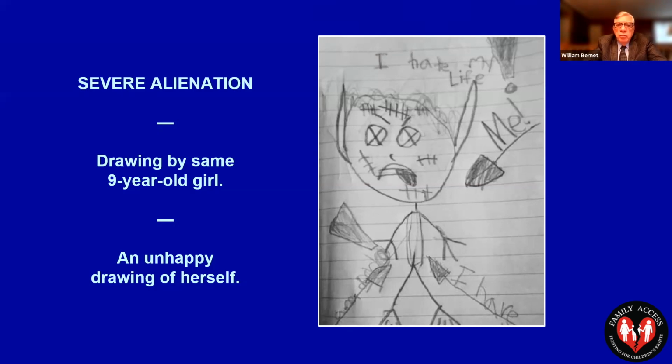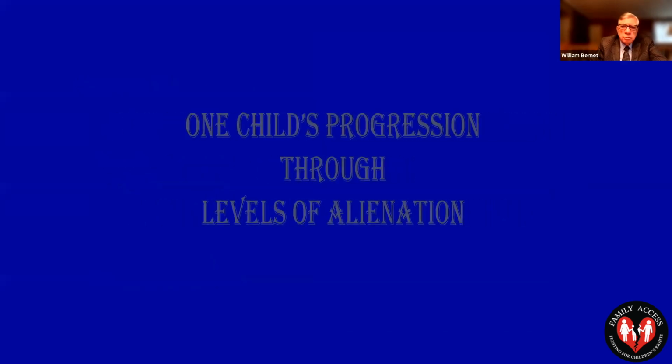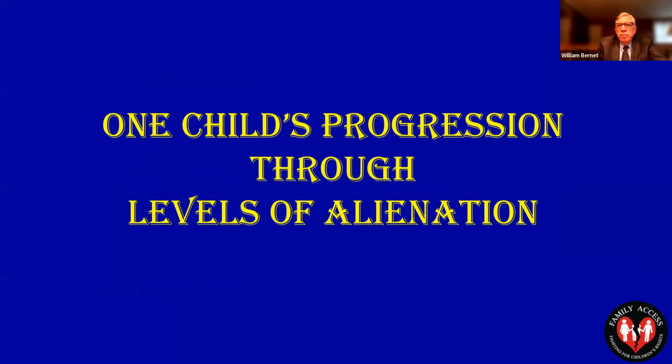So these are examples of severe parental alienation. Well, I have a couple more. The next one is kind of interesting. In this example, I'm going to show you the progression from no alienation to mild, moderate, severe. In other words, pictures all by the same child as the child goes through these stages.